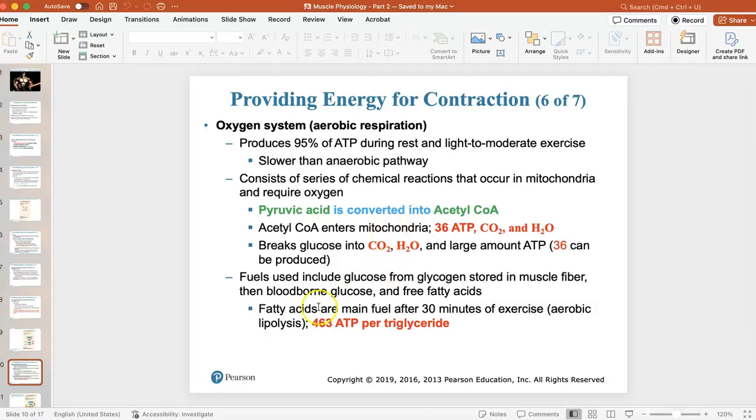Now, here's what I was mentioning earlier. Glucose isn't the only thing that we can use to make ATP. Fatty acids are the main fuel after 30 minutes of sustained exercise. Now, does that mean that after 30 minutes you're only burning fat?